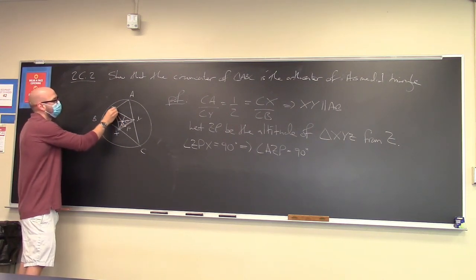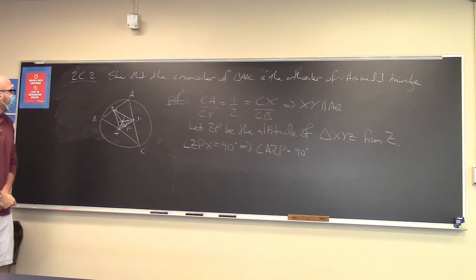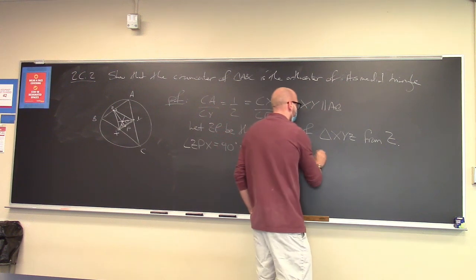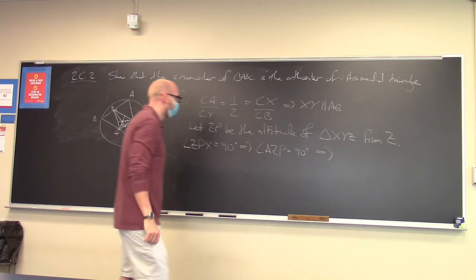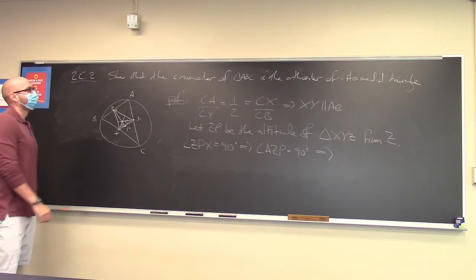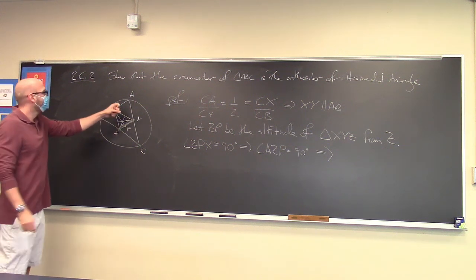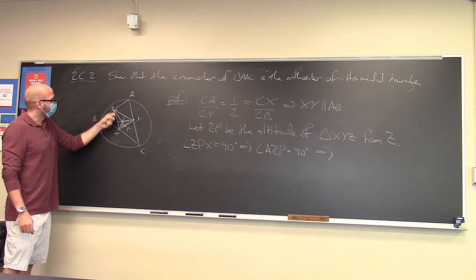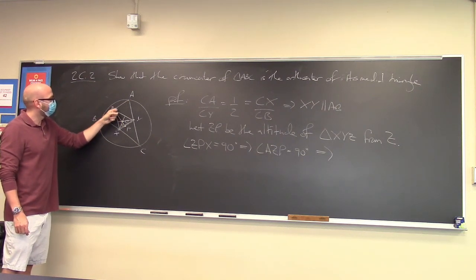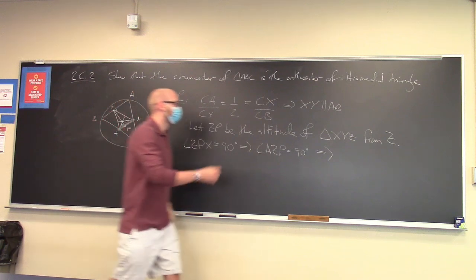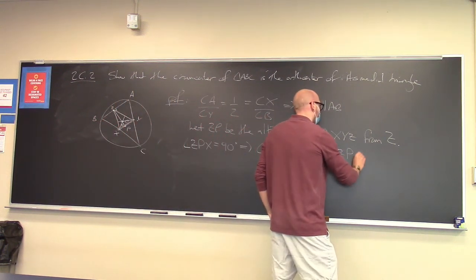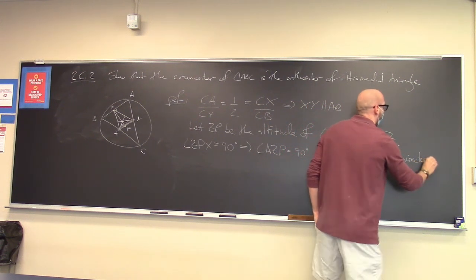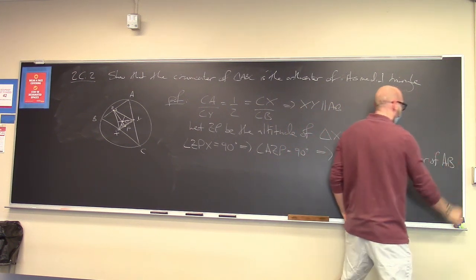If I know this angle, then I know the alternate interior angle. And maybe I should just call this a sketch of a proof because I'm not really fleshing it out as well as I should. But that means that ZP is the perpendicular bisector of AB.